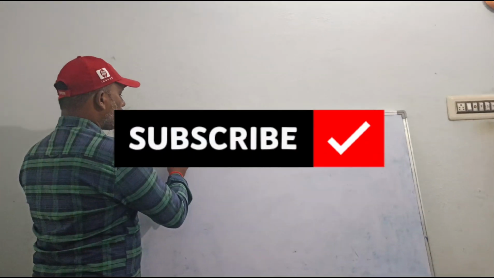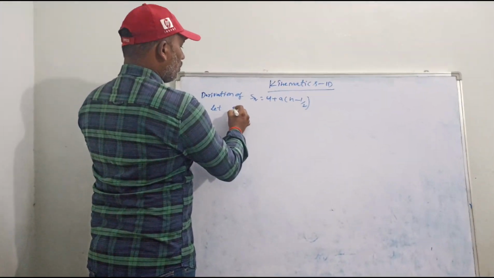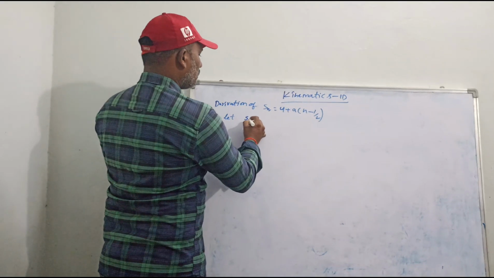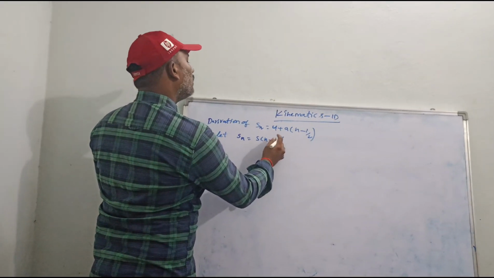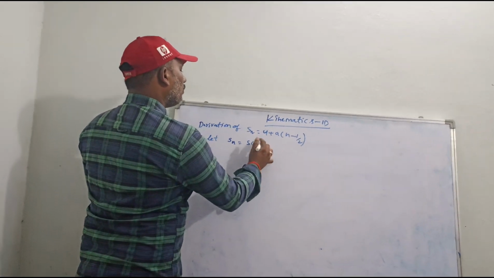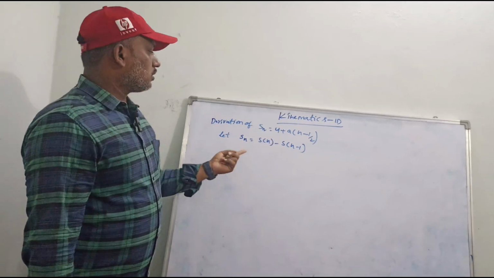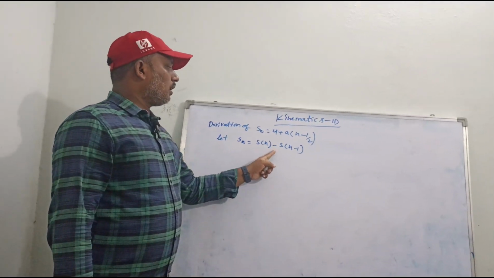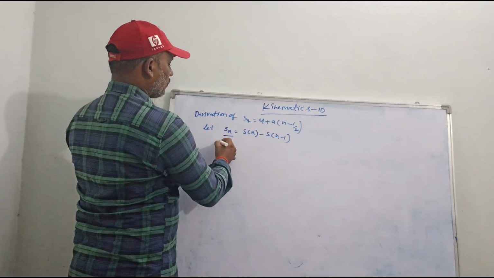So Sn is equal to S of n minus S of n minus 1. What is Sn?